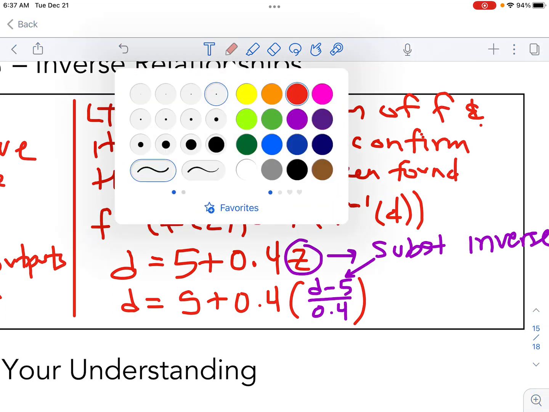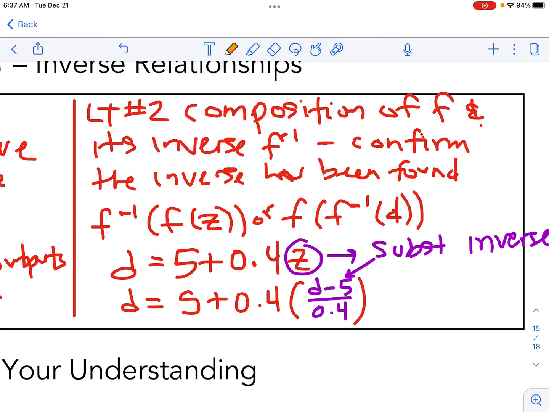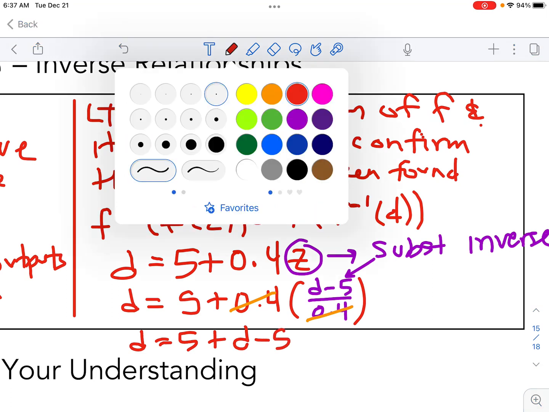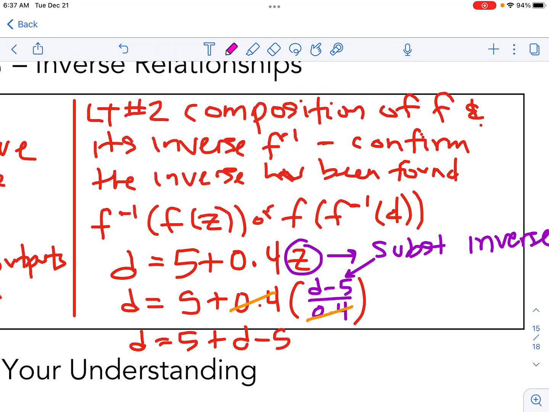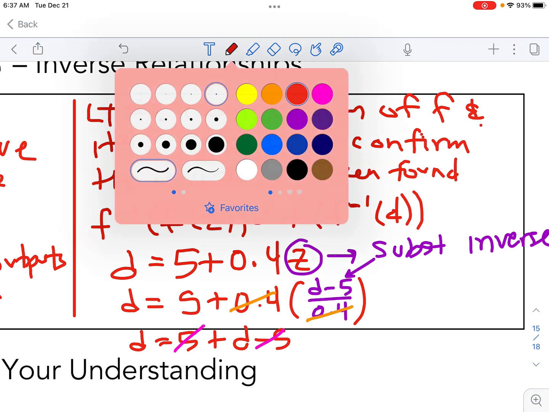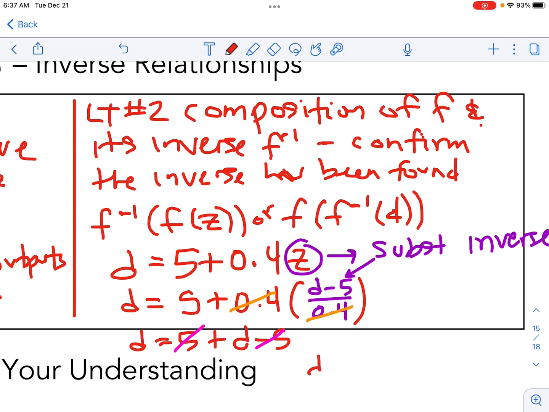There we go, substituted in the inverse. And so when I solve this now, let's look at the brackets first, right? Order of operations. So I can cancel out a 0.4 and a 0.4. And so I get d equals 5 plus d minus 5. And I see that I have a 5 and a minus 5. So I end up getting d equals d.